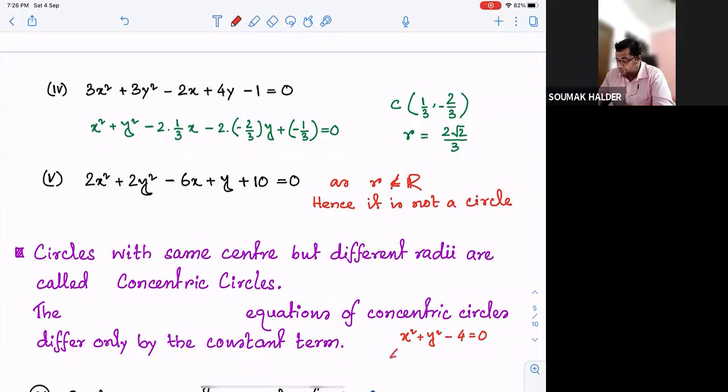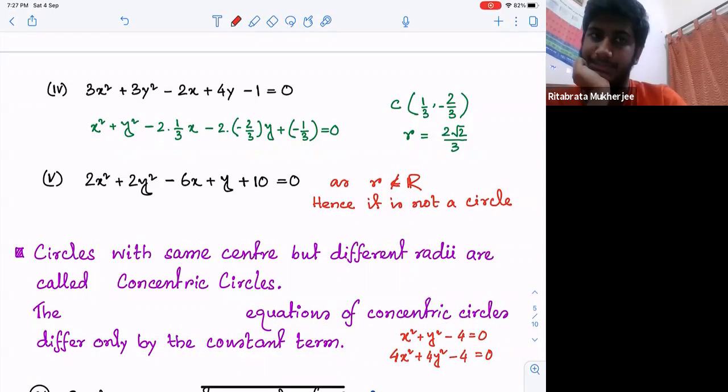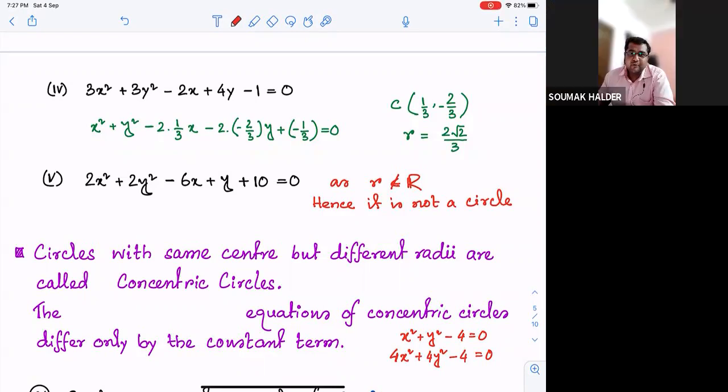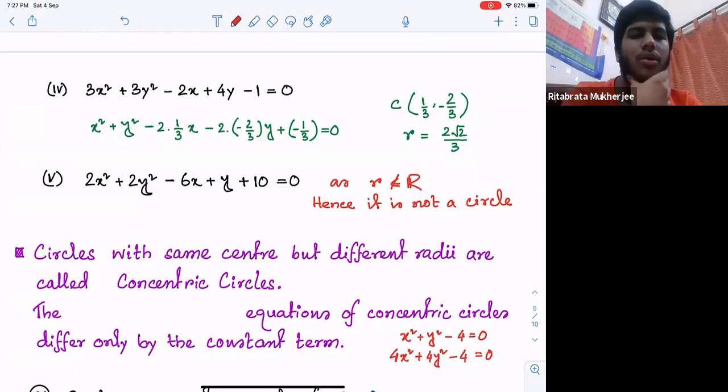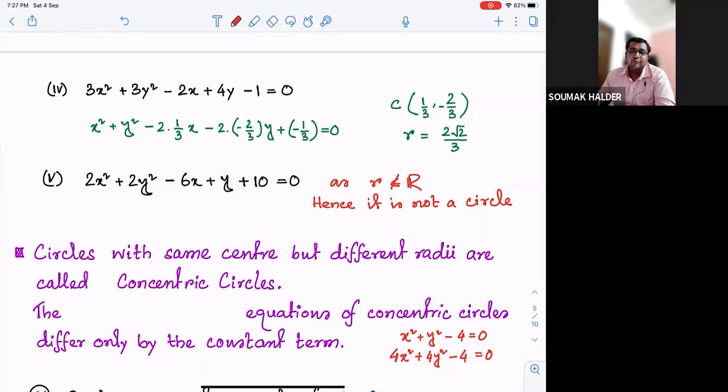I can think of a concentric circle with this equation whose center is origin and radius is 1 unit. Yes, sir. But are there equations differing in the constant term? No, sir.